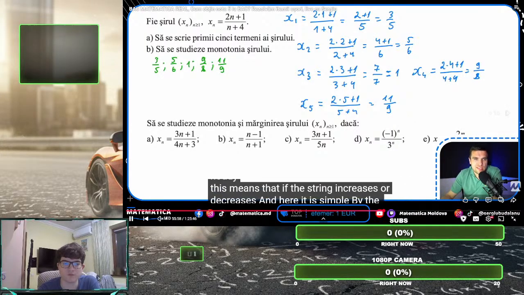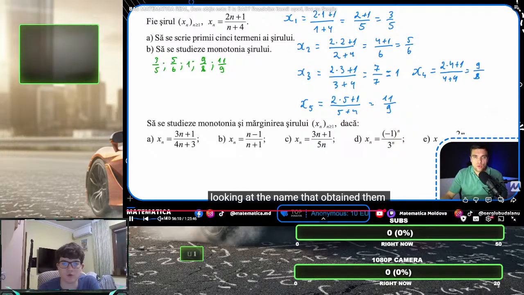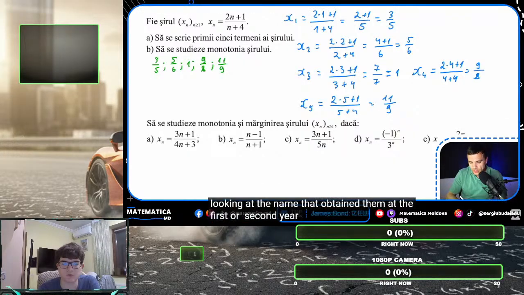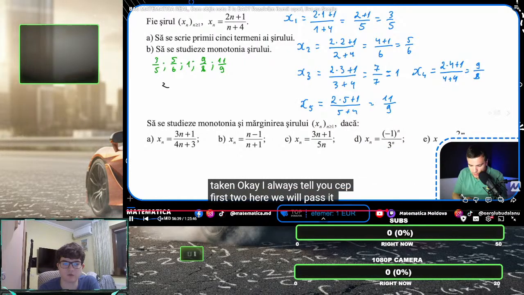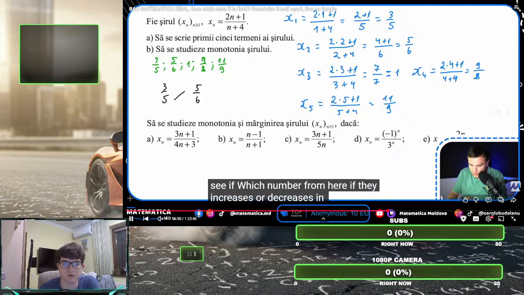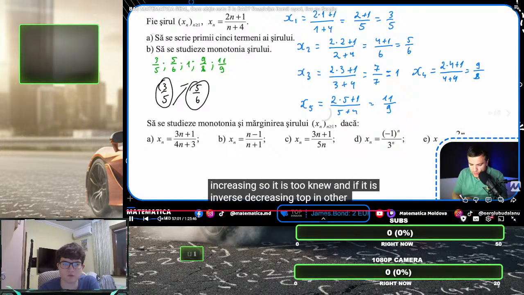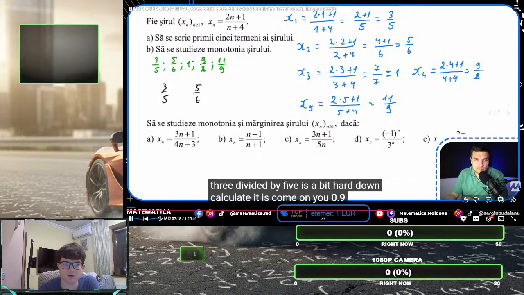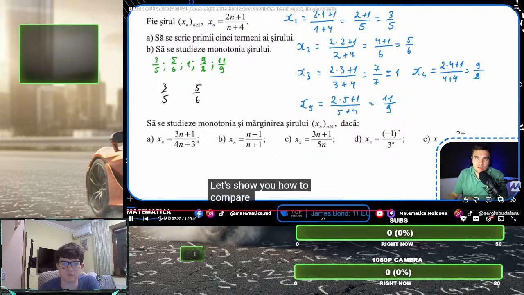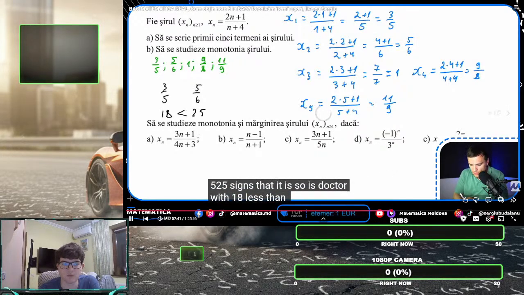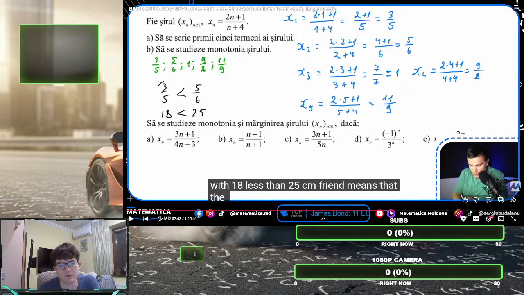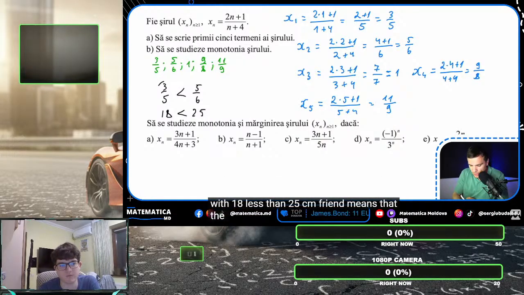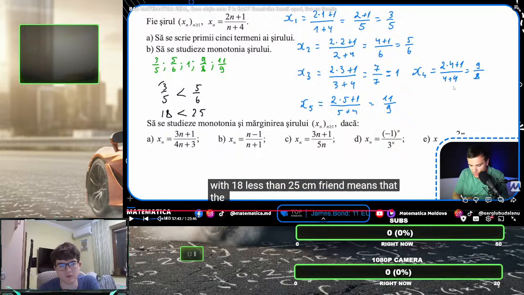Now basically you can see that I think it goes up. Do a minus and find out. 18 is smaller than 25. Because you change the number, so it's smaller.